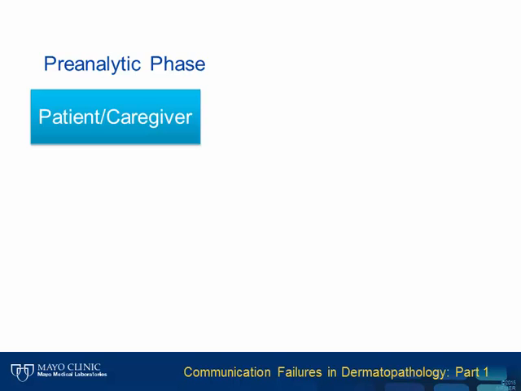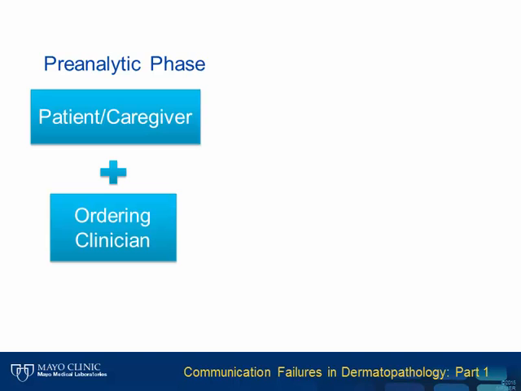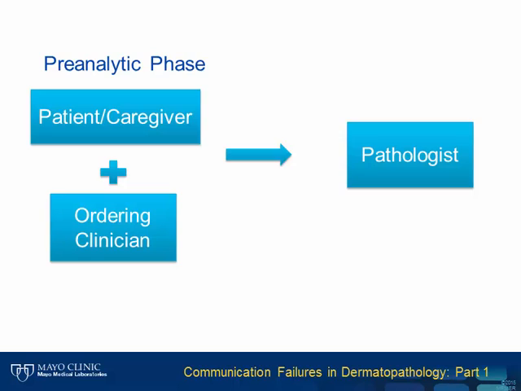The key stakeholders in the pre-analytic phase of the cycle include the patient or caregiver, ordering clinician, and the pathologist. This phase encompasses a discussion of the need for skin biopsy, including risk communication, pretest probability of disease, potential diagnostic yield of a skin biopsy, and discussion of skin biopsy type or specimen type necessary to make a definitive diagnosis.